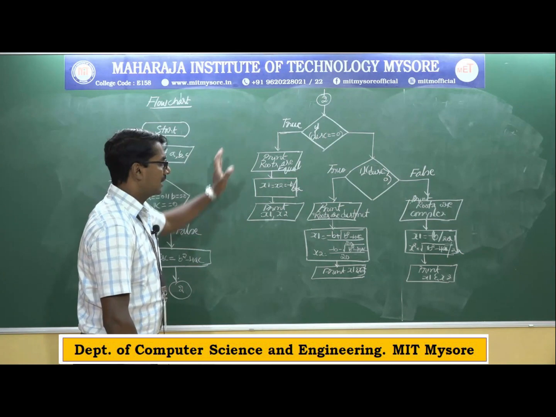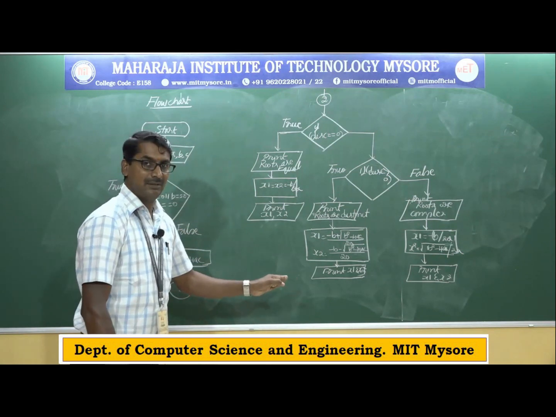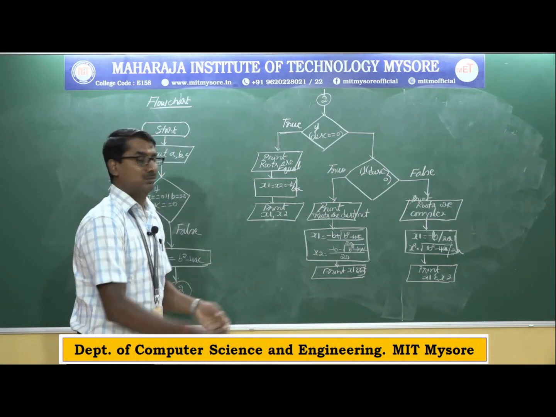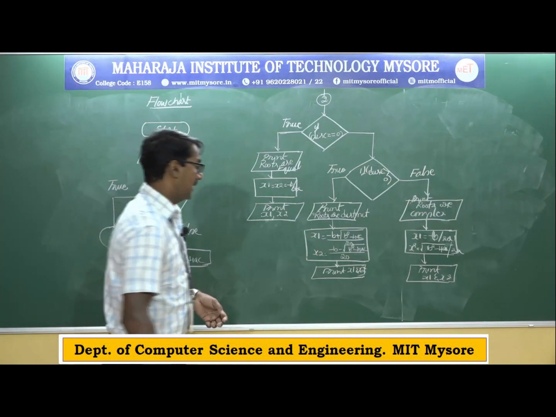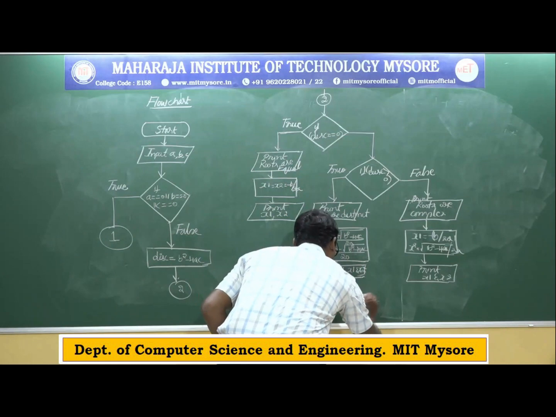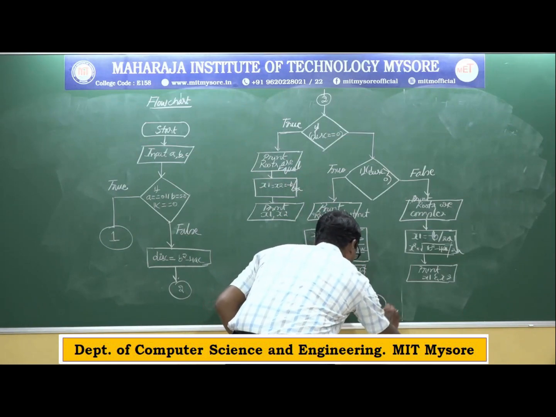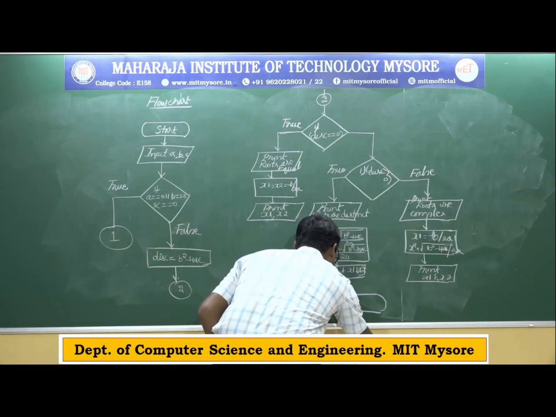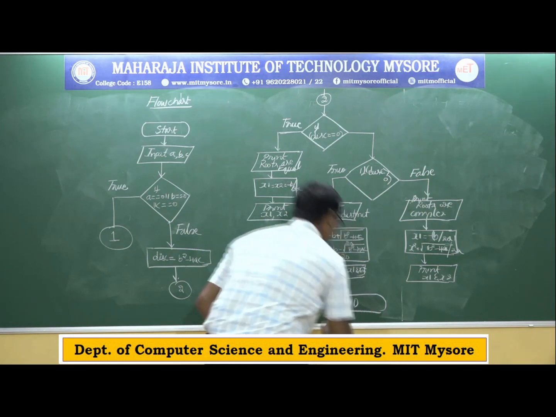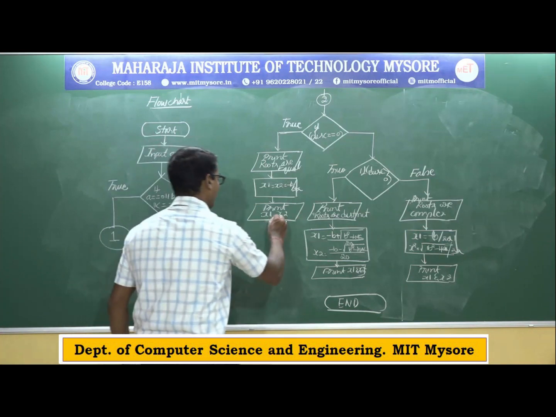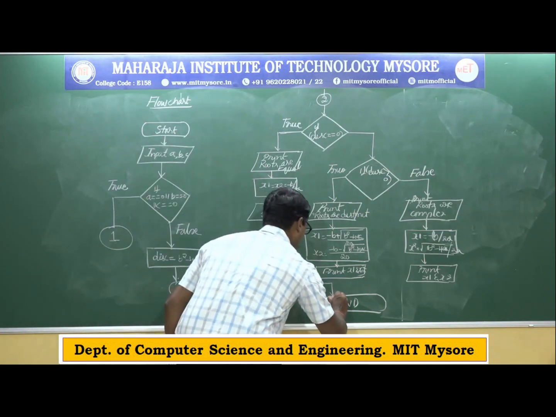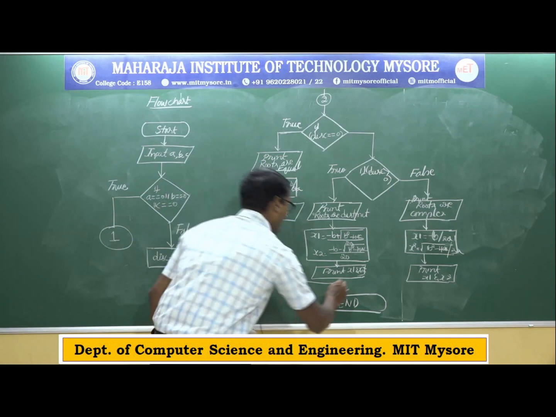So if any one of the conditions matches, after executing the corresponding statement, the control needs to transfer to n. So here after executing case 1 it moves to n.